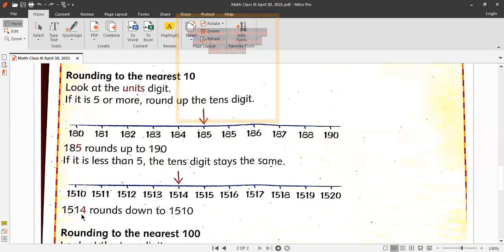If this digit is bigger than 5 or is 5, then I will move on to 1520. But my last unit is less than 5, so I stay on 1510.